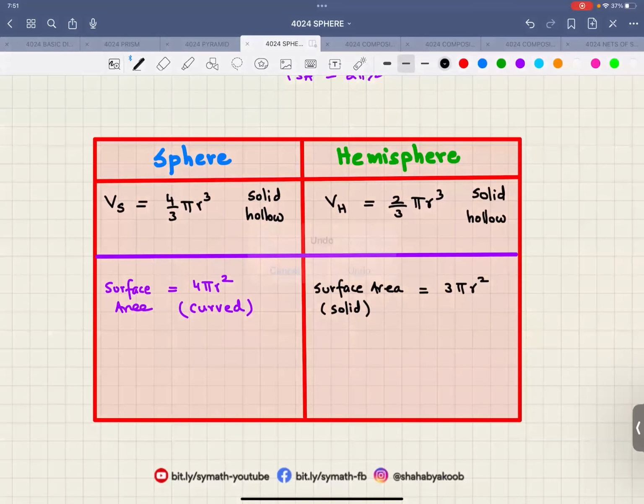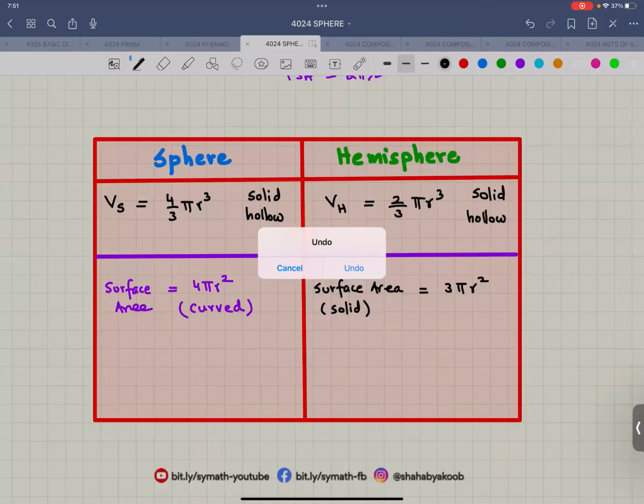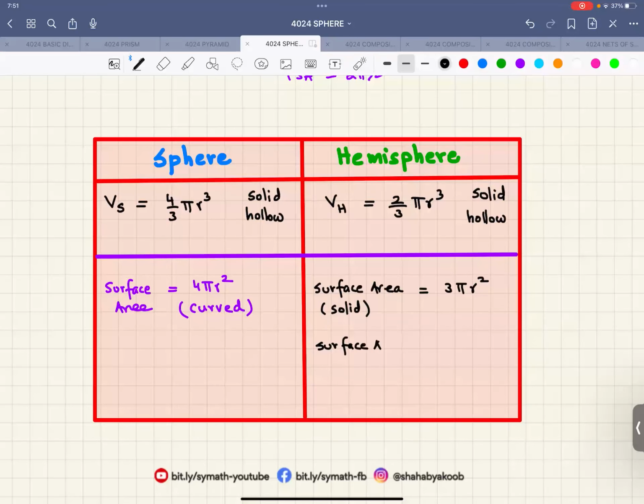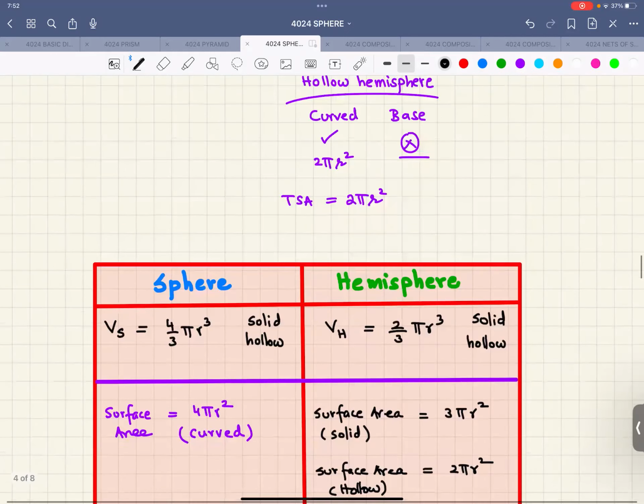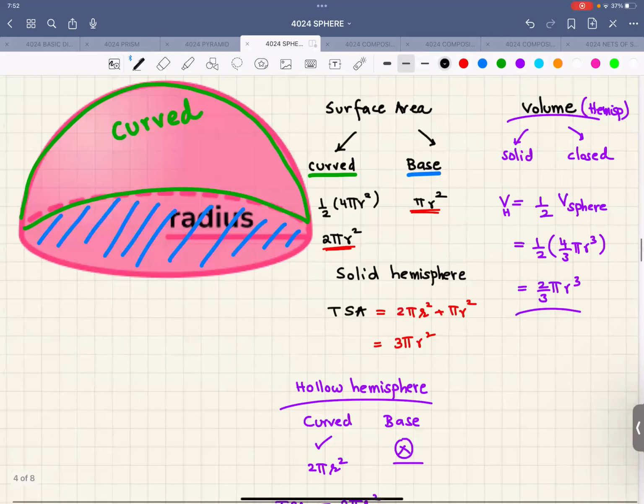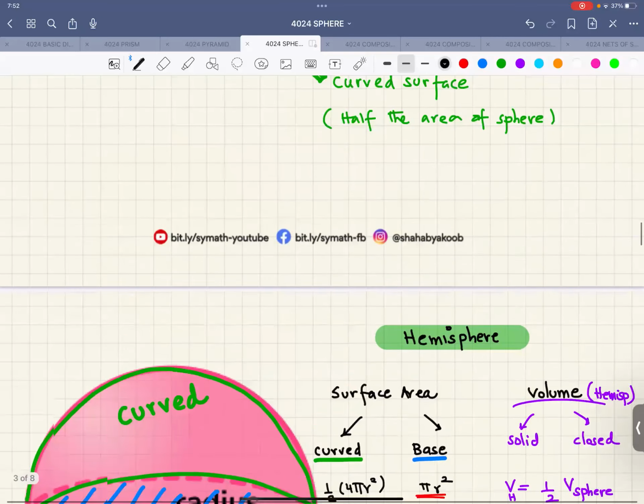If we talk about surface area of a hollow hemisphere, that is only 2 pi r square. So now this is the box that I'll be needing to carry out and solve further problems.